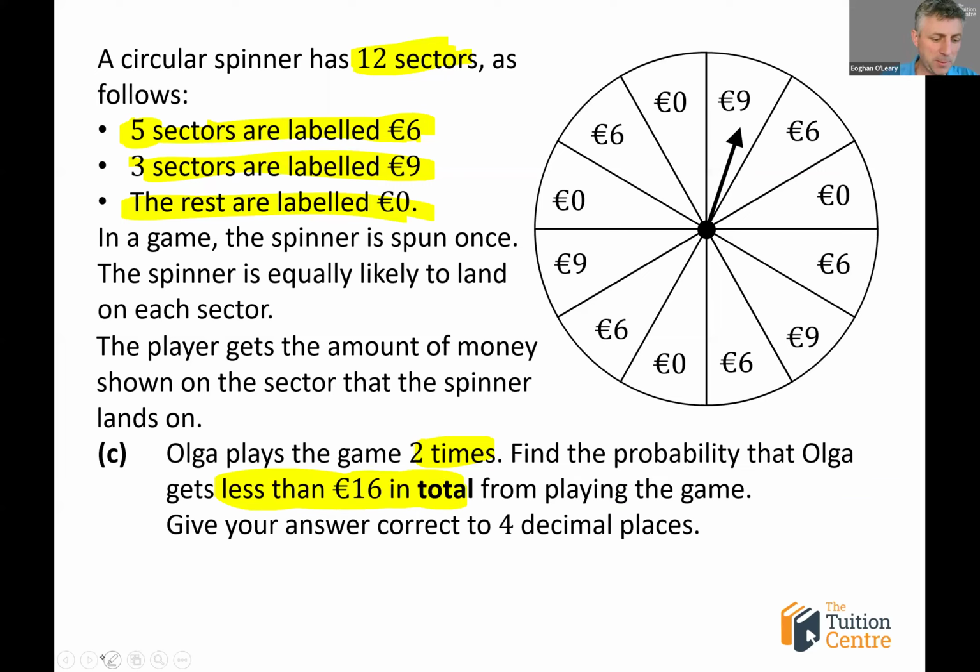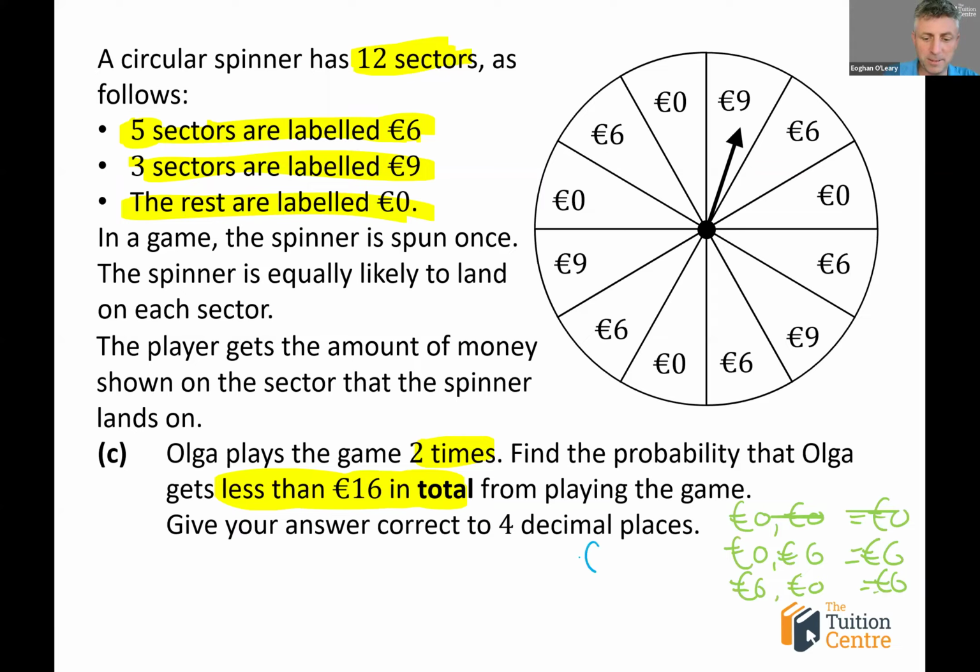Now, I'm going to use the 1 minus in this case, but I don't have to. I could work out the probability that she gets €0 and €0, which would be €0 in total. She gets 0 and 6, which would be 6. 6 and 0, which would be 6. That's 3 possibilities.